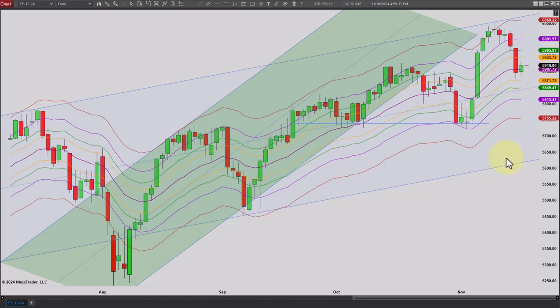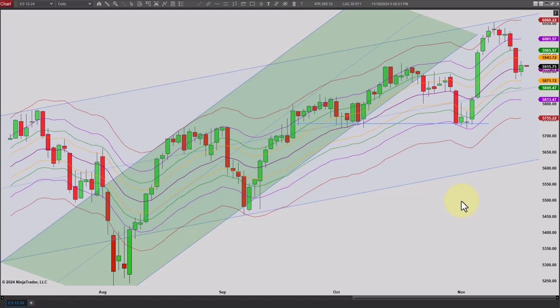It just opened basically where it closed. But we did trade up today and closed up. It was mostly sideways action, but we had a nice rally that went higher and then just kind of went sideways from there. Nothing spectacular, but there were quite a few setup trades today.